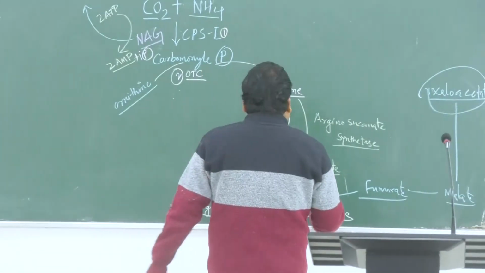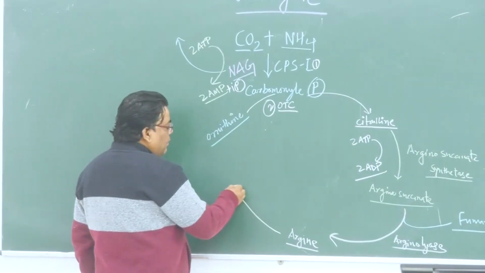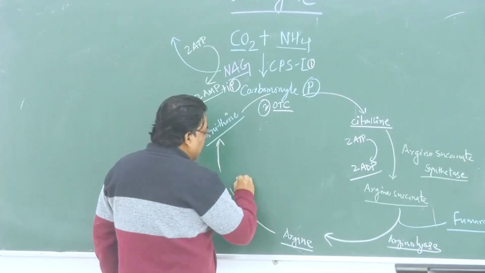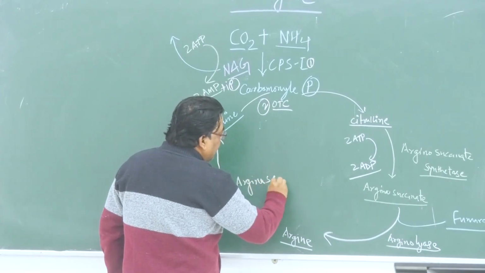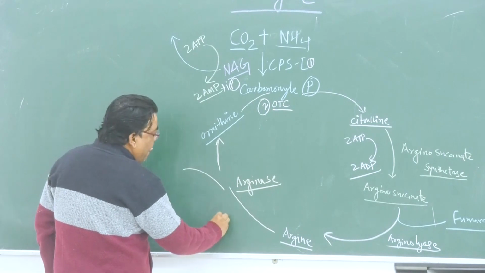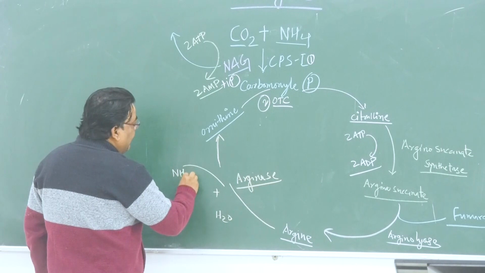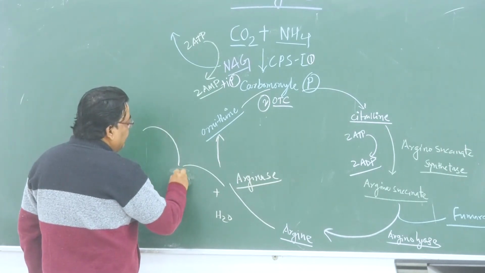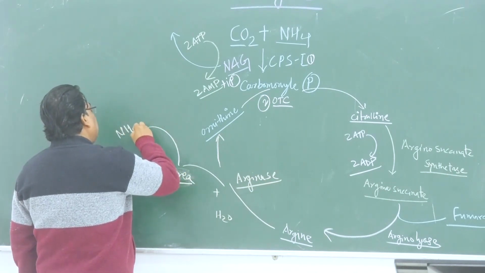Now in the last step, this arginine is further converted into ornithine by the enzyme arginase, and there is removal of urea.